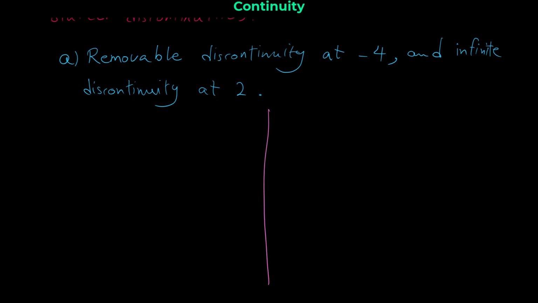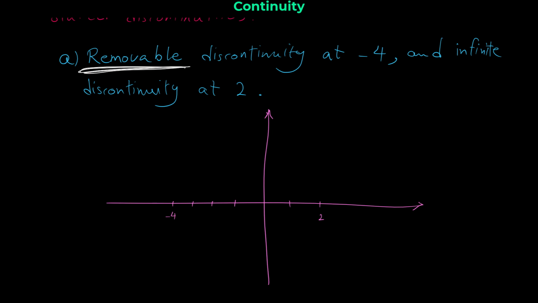Let me draw x and y axes here. Let us suppose -4 is somewhere here and 2 is here. The function has a removable discontinuity at -4. What is removable discontinuity?